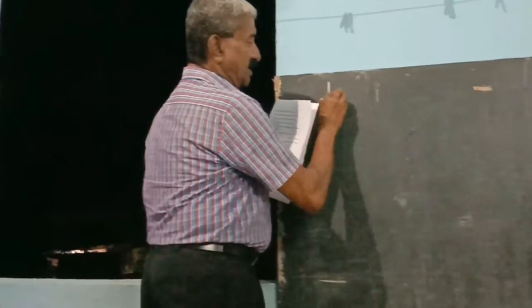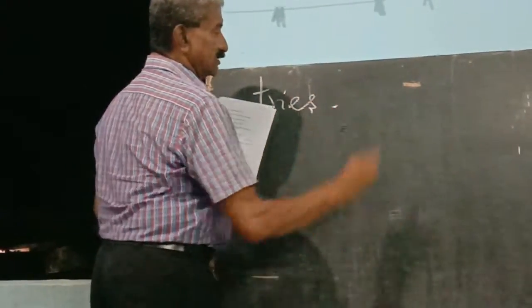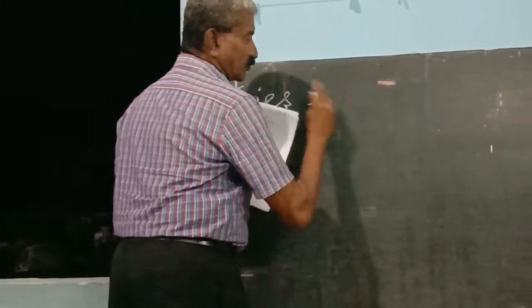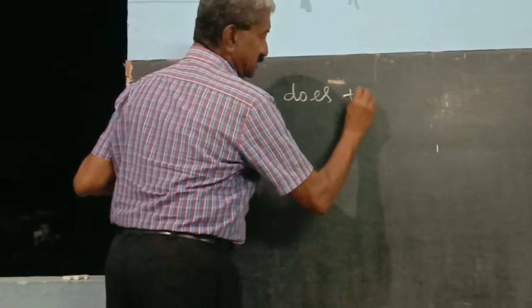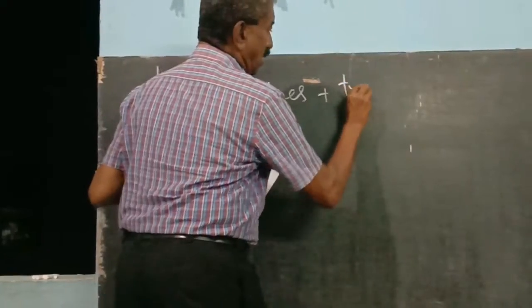Choose the correct question tag. See, the story tries. We will have to frame the tag here. Tries, no? Split into two: does plus try.